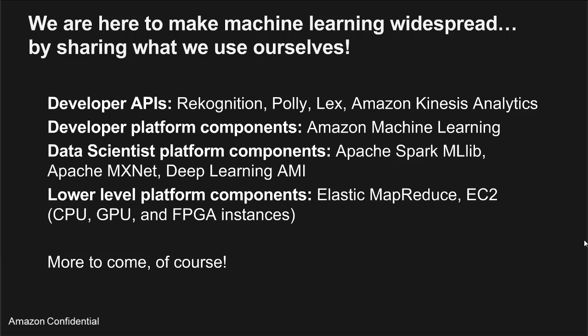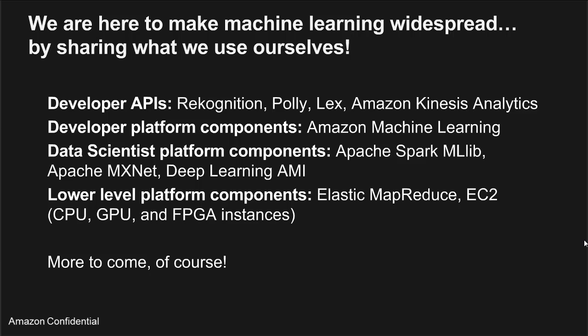So if you want to do things in a very simple way and leverage Amazon's expertise and Amazon's data for those problems, we have a high-level set of developer APIs in the form of Rekognition, which does image processing, Polly, which does text-to-speech, Lex, which is a chatbot, and Amazon Kinesis Analytics, which will do anomaly detection on an incoming stream of data.